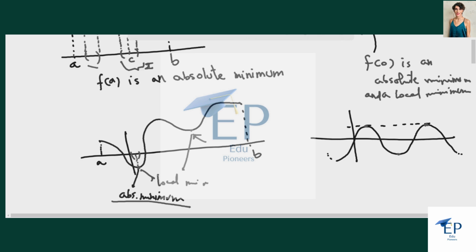But these points where we have an absolute maximum and absolute minimum are also local maxima and local minima. That is this local minimum, because if you look close to the point, this is the smallest value, and this is a local maximum.